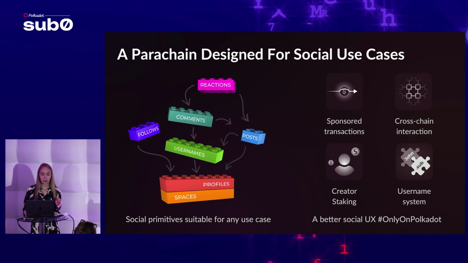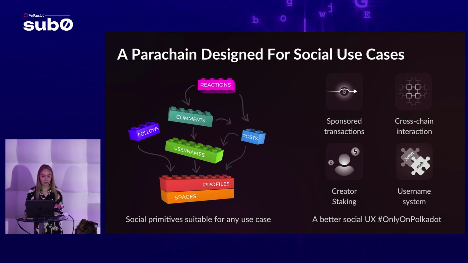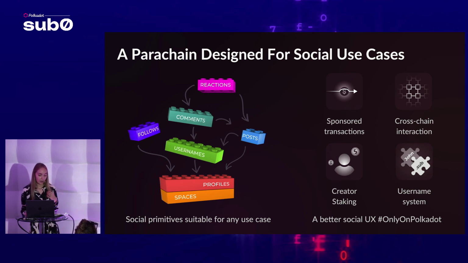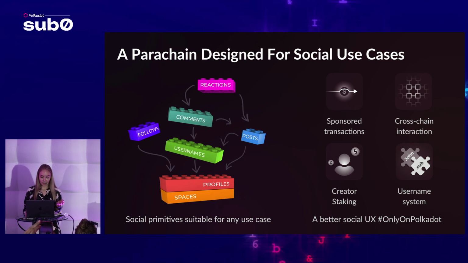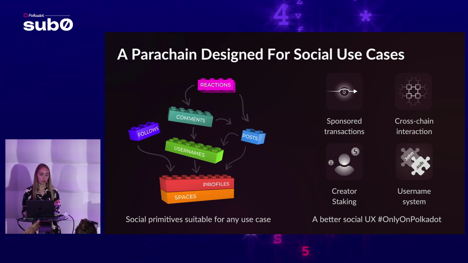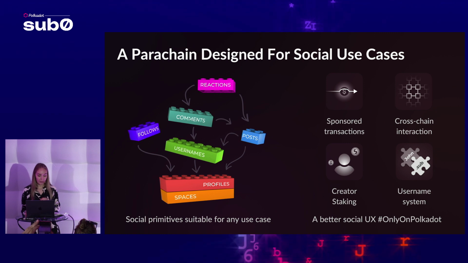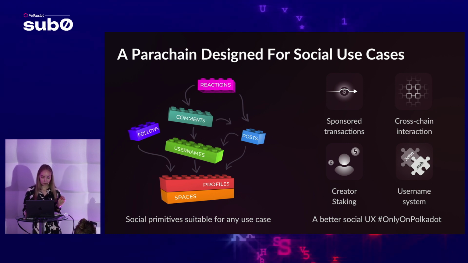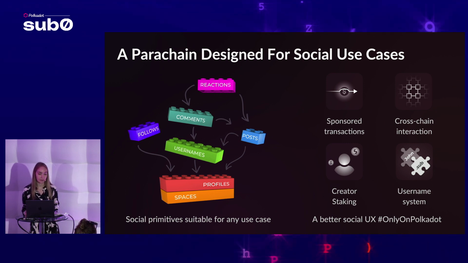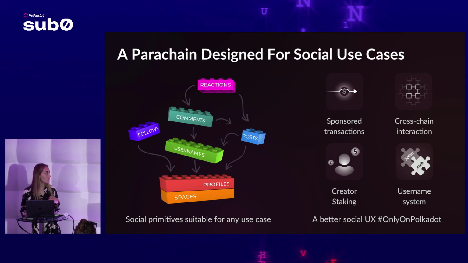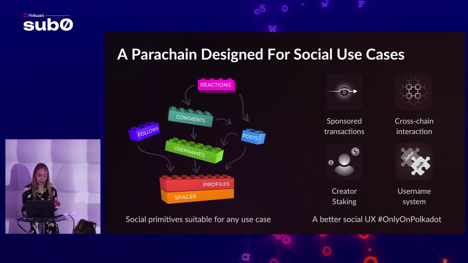Next, I wanted to talk about the parachain design for the social use case. On the left side, you can see Lego blocks. These are social primitives. Many social apps have similar entities, like comments, followers, posts, and others.